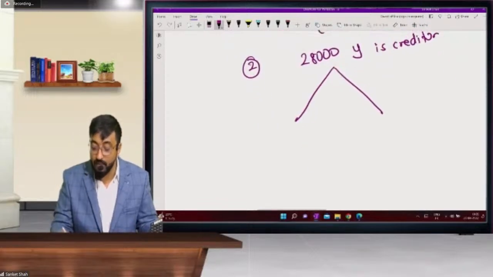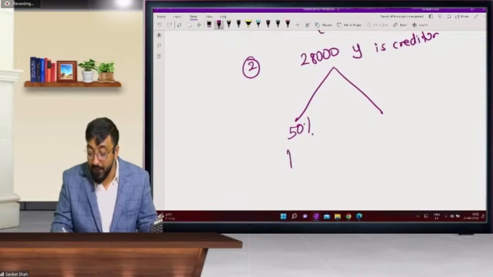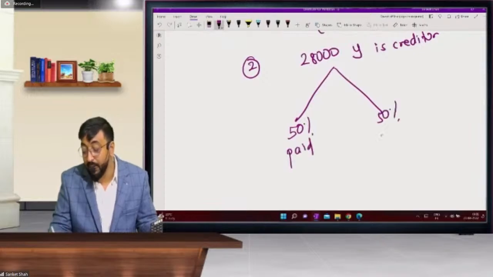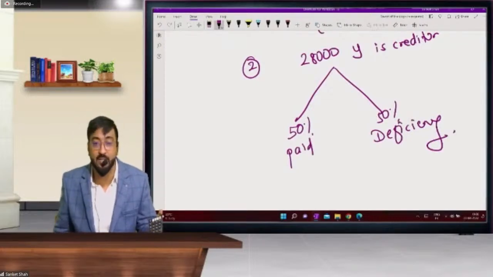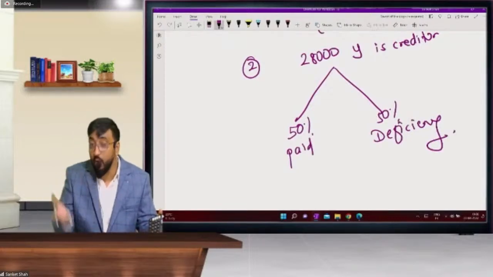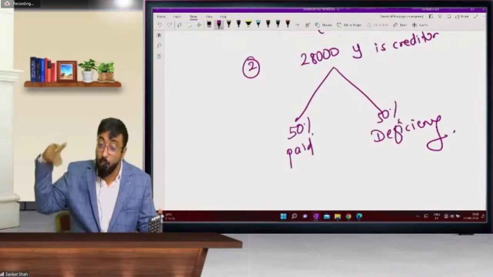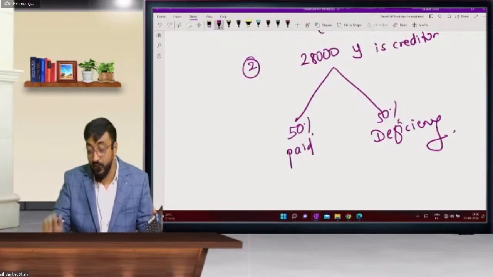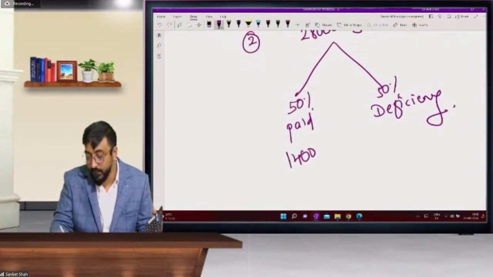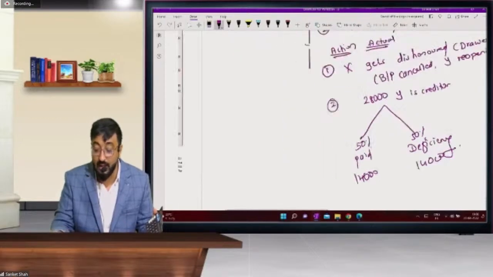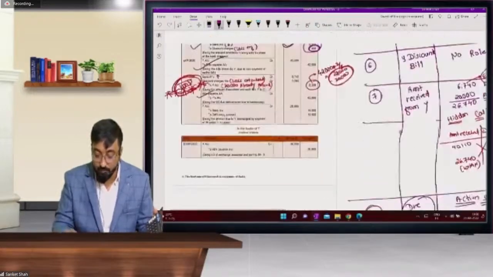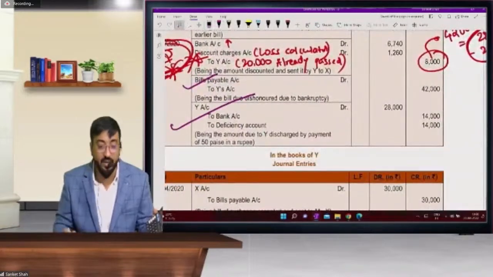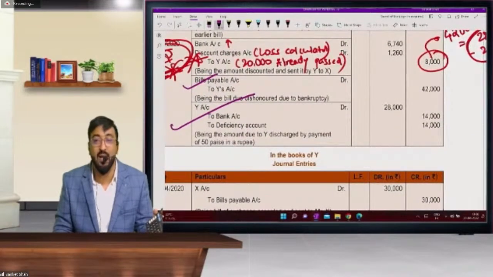And out of this, 50% paid and 50%, if we are not paying any amount, it is called as deficiency. It's not bad debts. If you are not paying any amount, it is a deficiency. If someone has not paid your amount, हमारा पैसा किसी ने नहीं दिया, so it is a bad debt. Okay, so here it is a deficiency. 14,000, 14,000. Last entry. Y account debit 28,000, to bank 14,000, and to deficiency 14,000.